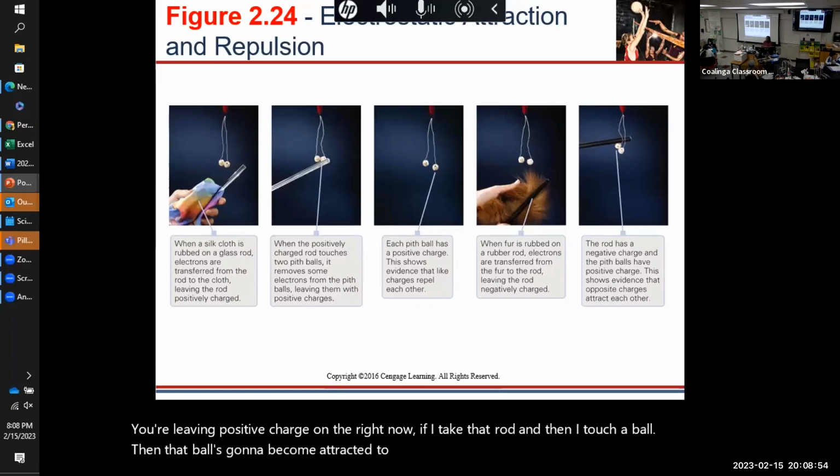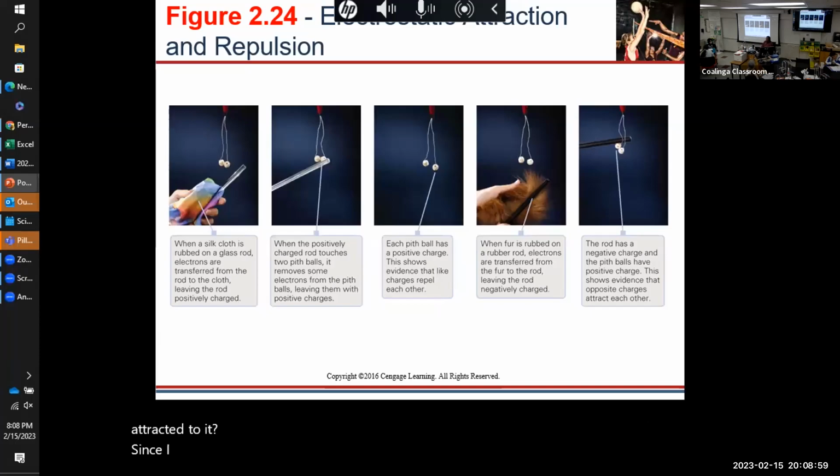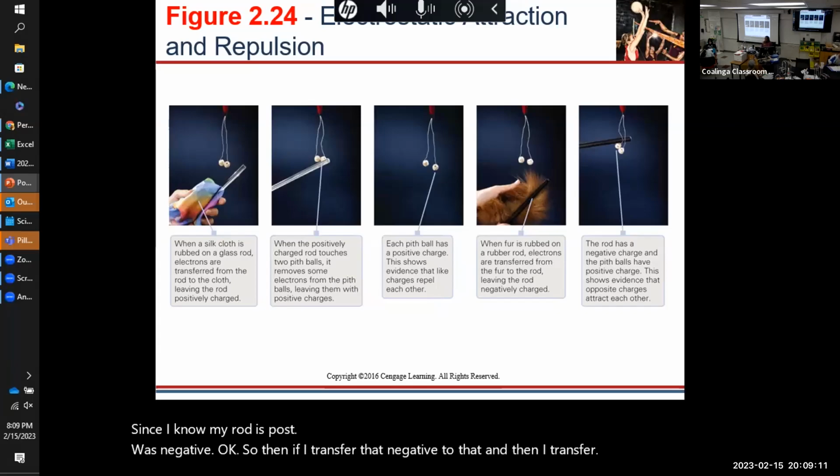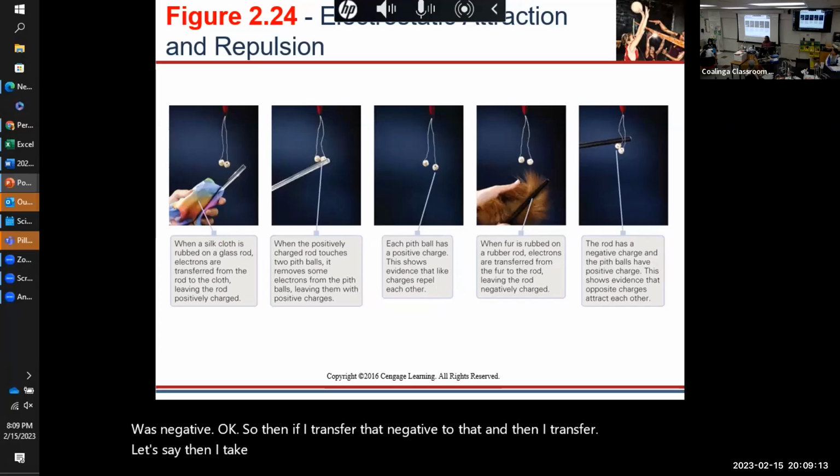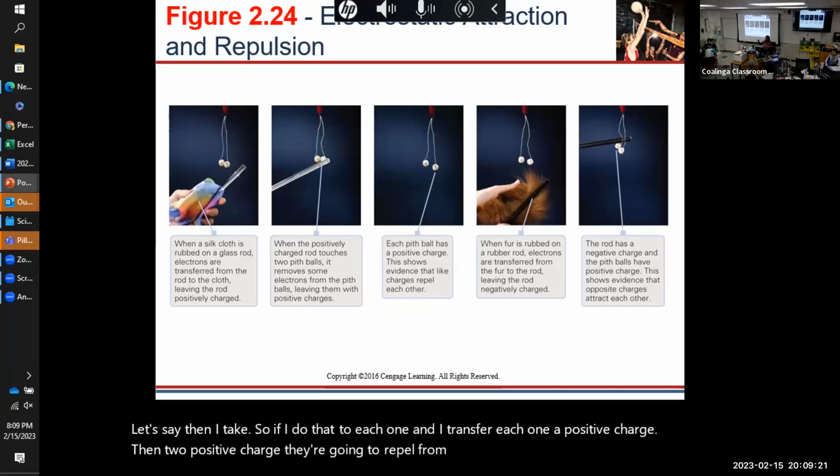So I know my rod is positive. If I transfer a positive charge to each one, then two positive charges are going to repel from each other, right? And so that's what you see in this middle picture.